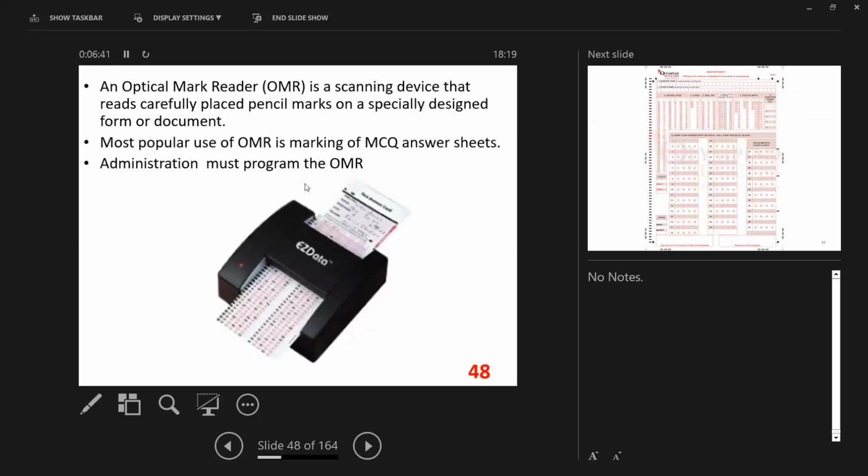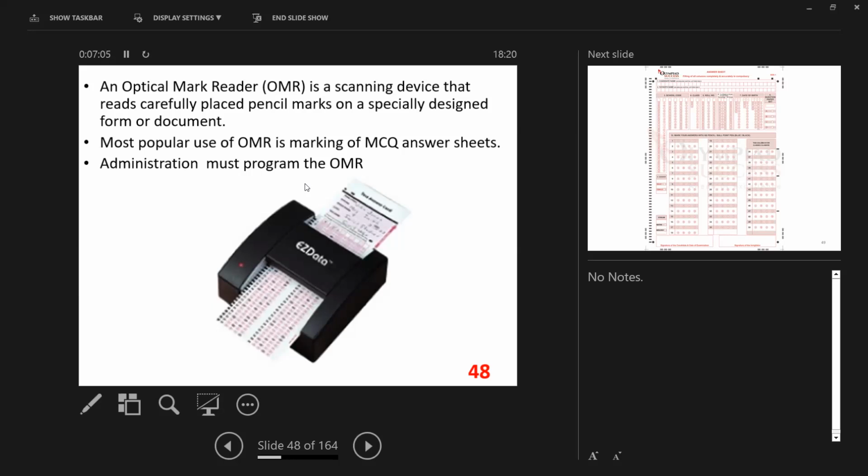The next one, optical mark recognition, is a scanner device that reads carefully placed pencil marks on a specially designed form or document. The most popular use of OMR is marking MCQ answer sheets. The administration must program the OMR.